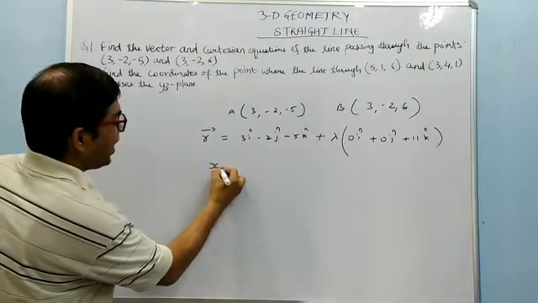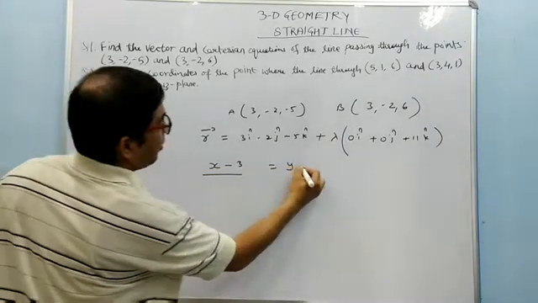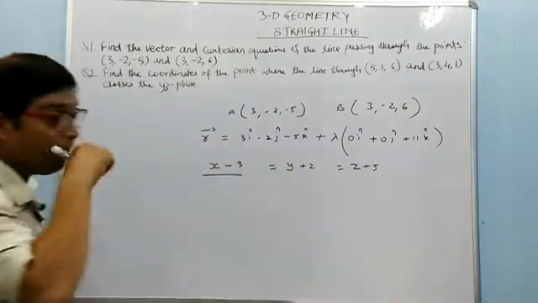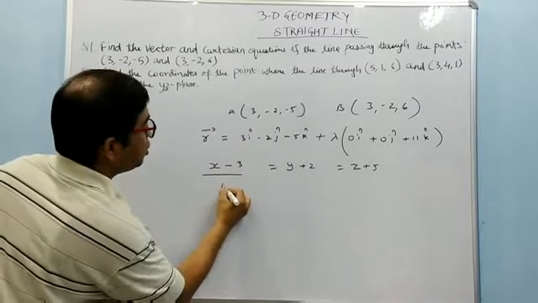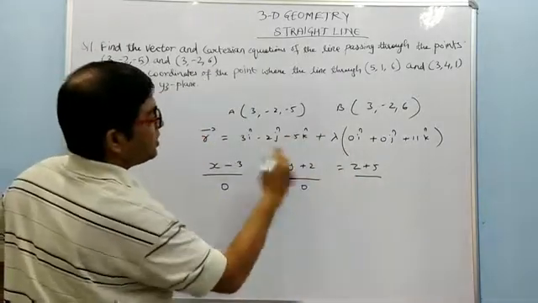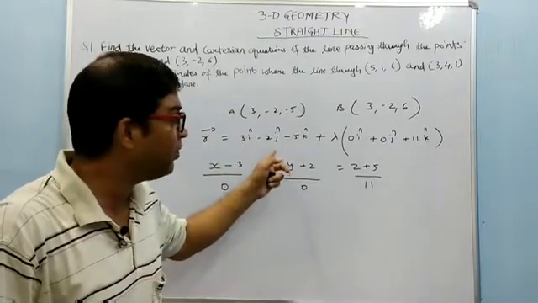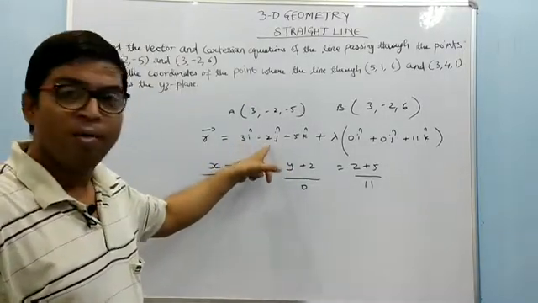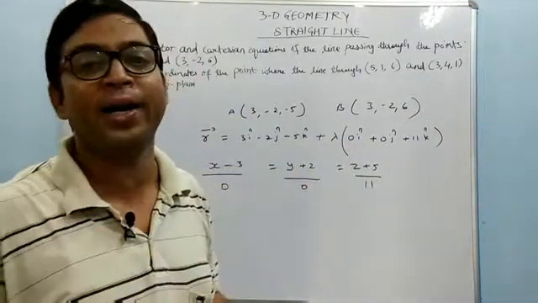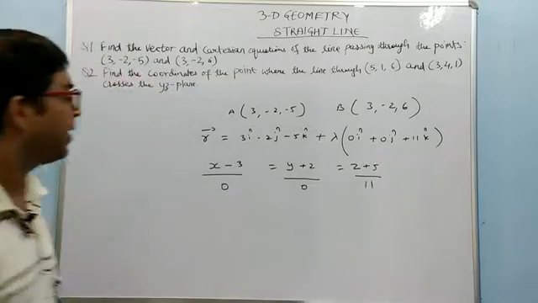We got it: x minus x1, this is 3, y minus y1, z minus z1, divided by x2 minus x1, 0, y2 minus y1, 0, z2 minus z1, which is 11. You can derive that equation from the vector equation very easily. These are the one point it is passing through, and that is the direction ratio of the line to which it is parallel. So the two-point form we got very easily.